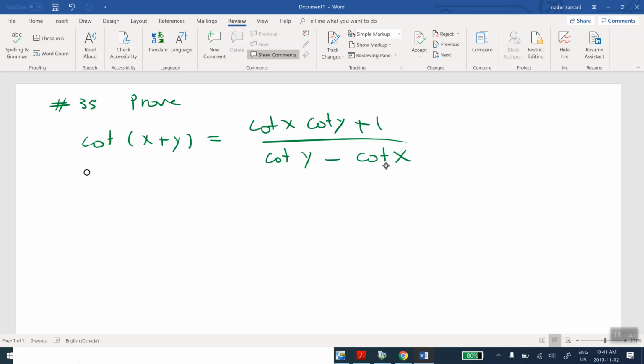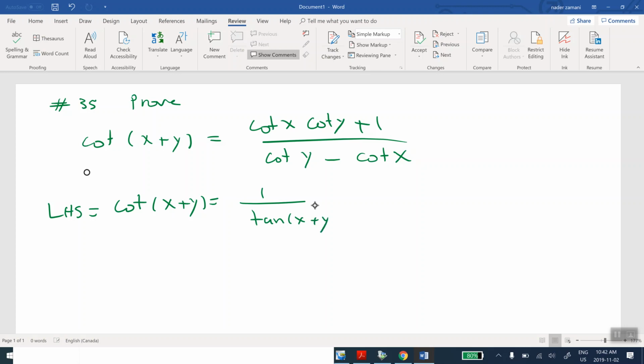Okay, so what I'm going to do is I'll write it like this. Left hand side equal to cotangent of x plus y, and I will write this thing as 1 over tangent(x + y).